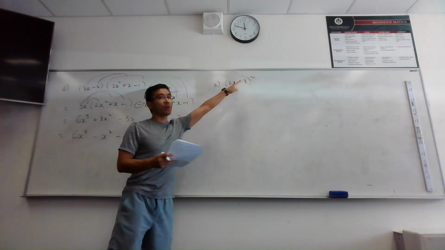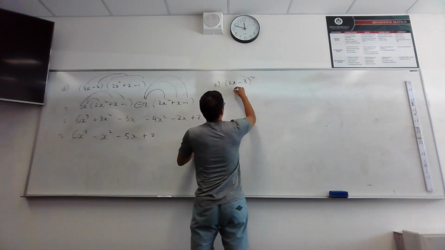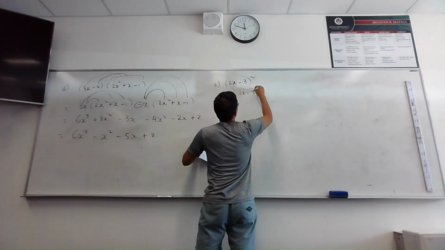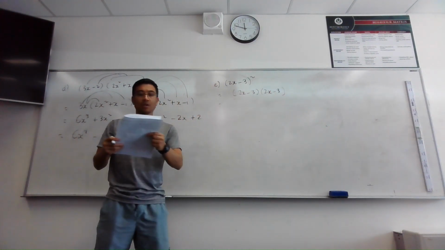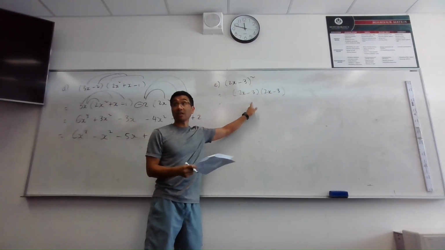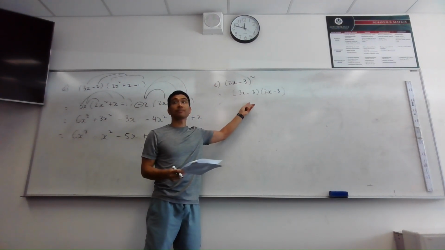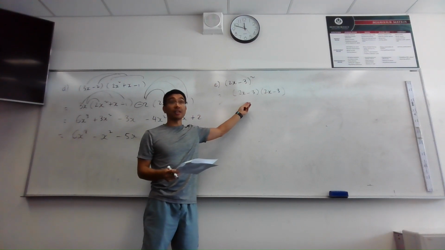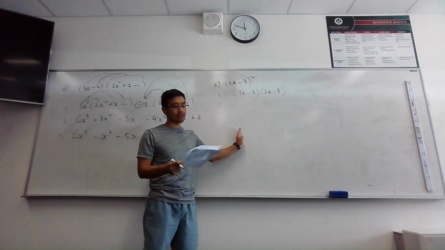What can we do when we have a power of 2? Just do it again. Okay, and then from here, we can use our FOIL. I don't need to do this again. You know how to do that. I'm just trying to cut down time.